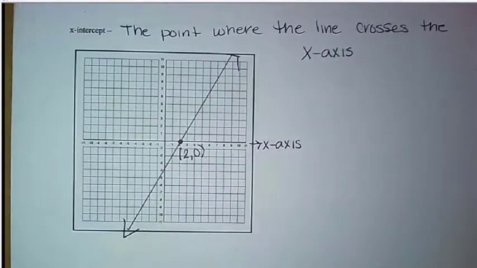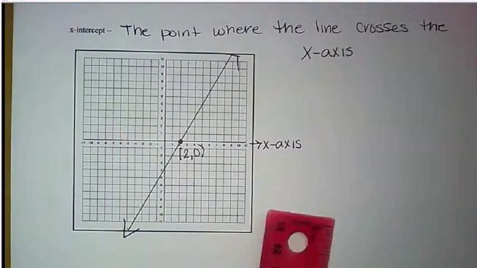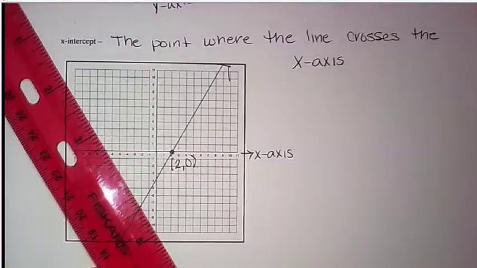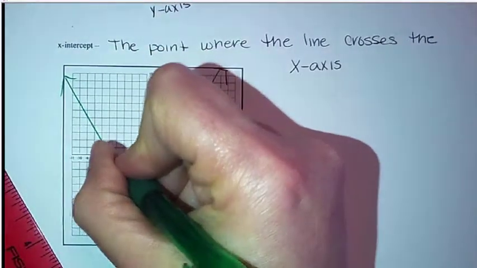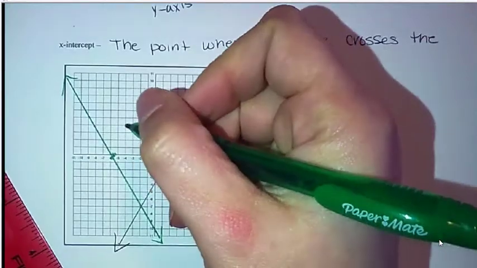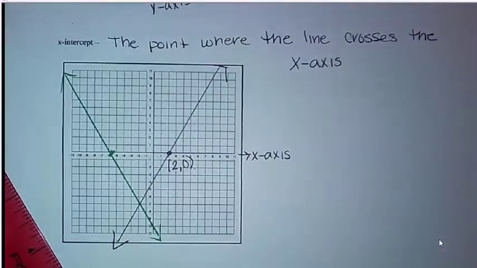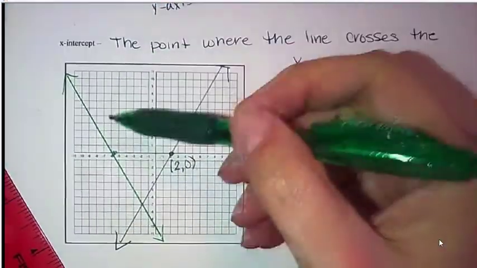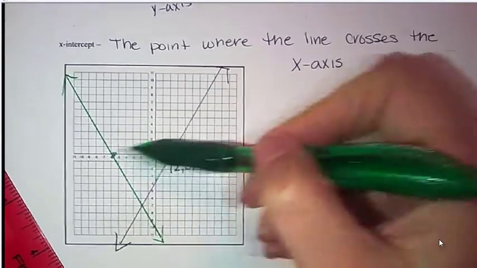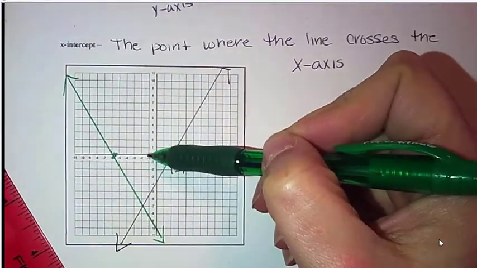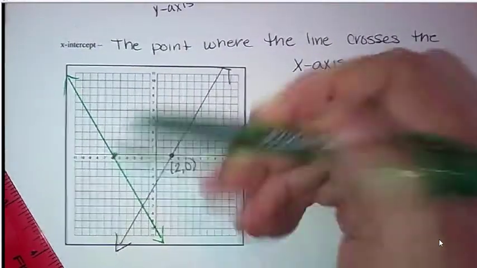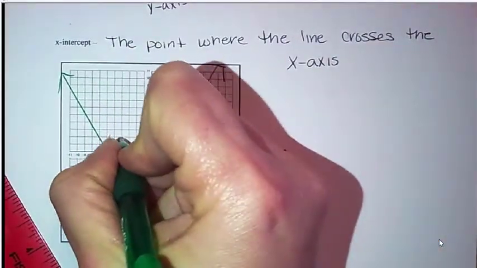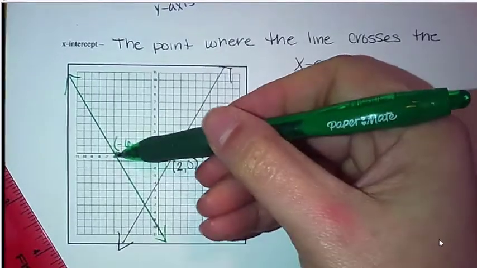So let's look at one more. And say I have a line right here. Again, just drawing a random line so I can see where it's crossing at my x. So in this particular instance, we're looking at this point right here. If I start at my origin, I would have to move 1, 2, 3, 4, 5, looks like 6 to my left, which would give us -6. And again, I wouldn't need to move up or down from that point.